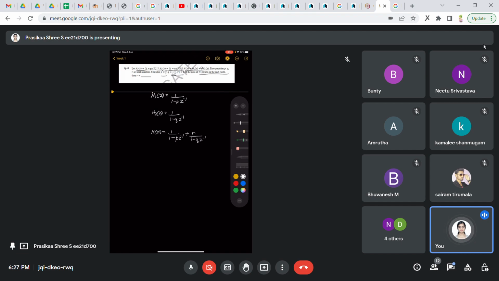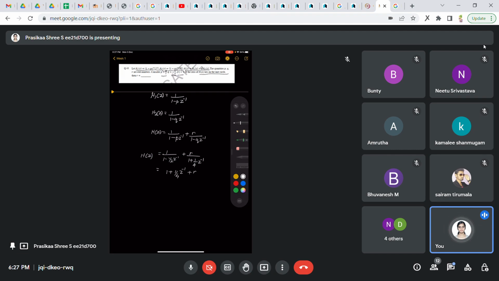They told that p, q, r are real numbers, so 1 by 1 minus half z inverse plus r by 1 plus 1 by 4 z inverse. Okay, the remaining part of the question we can use after simplifying this, right? So cross multiply it, what you will be getting?